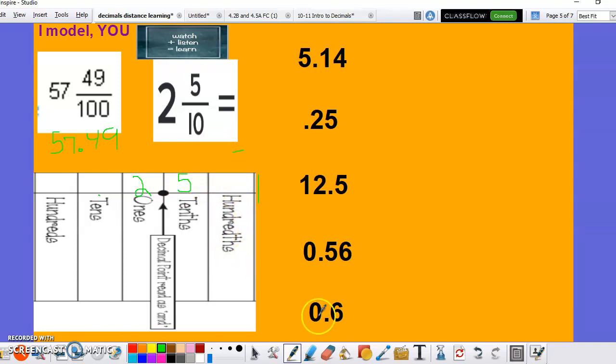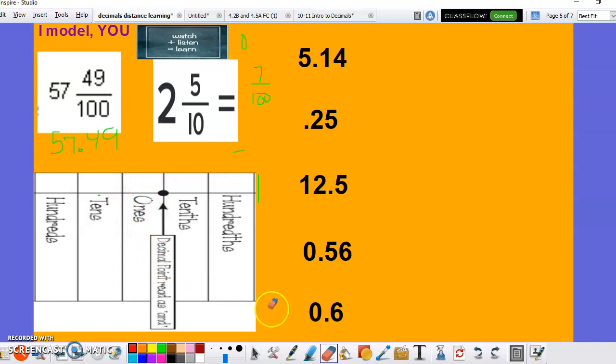Well, let's just say I just had 0 and I just had 7 hundredths. If I just had 7 hundredths, well, I'm going to go and look here.